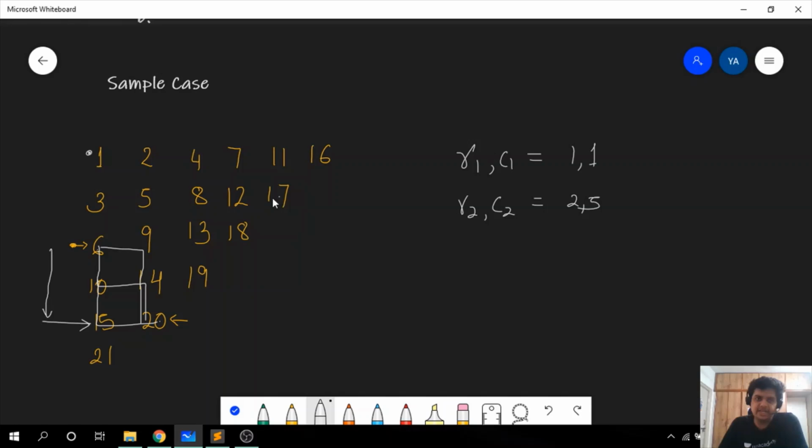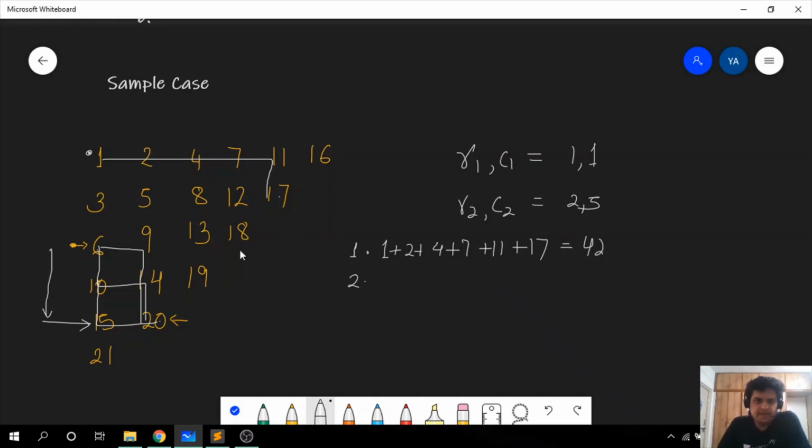So 17. Now let us calculate all the paths from 1 to 17. Path 1 will be 1, 2, 4, 7, 11, 17. So it is 1 plus 2 plus 4 plus 7 plus 11 plus 17. The sum of this will be 3, 7, 14, 25 and 42.